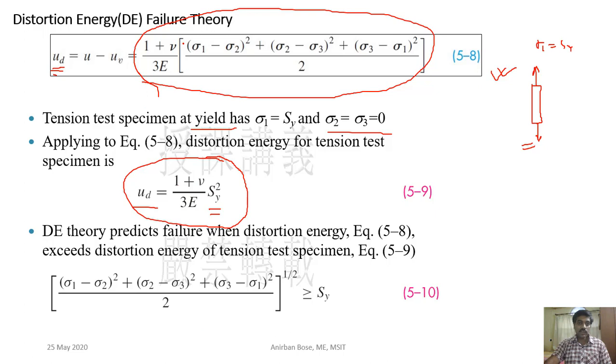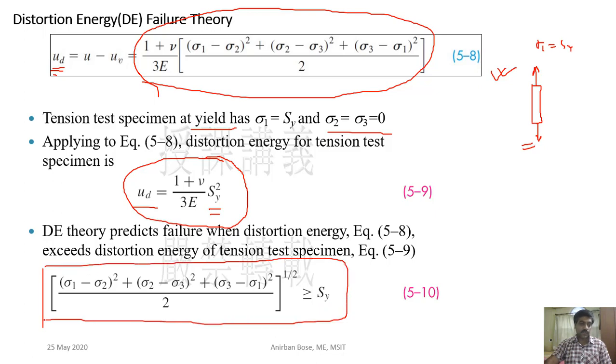The only thing that remains is the square bracket term, whole to the power half, greater than or equal to Sy. And if you write it in terms of factor of safety, you put this equal to Sy by factor of safety. This is the distortion strain energy theory.